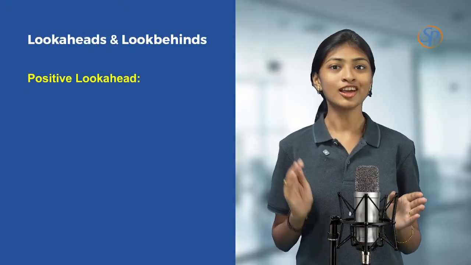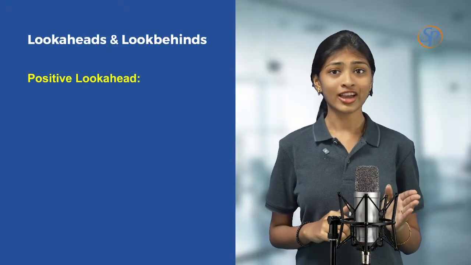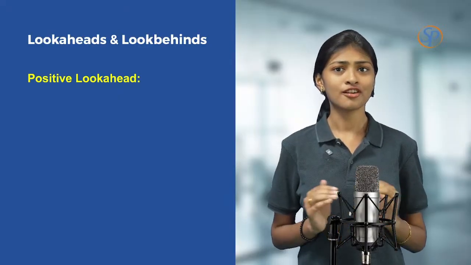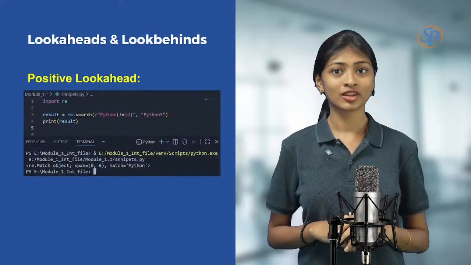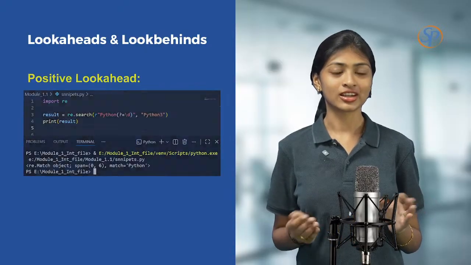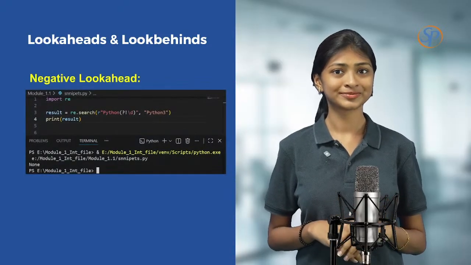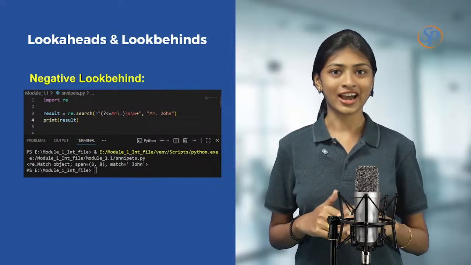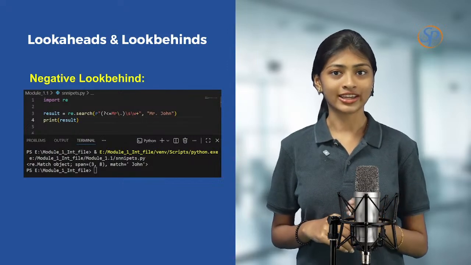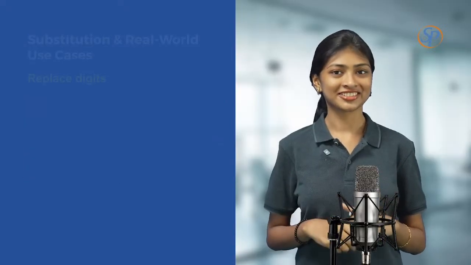Lookaheads and lookbehinds. Lookarounds check what comes before or after a match without including it. Positive lookahead. It is followed by a digit. Negative lookahead. Negative lookbehind. Lookarounds validate surrounding context without consuming characters.